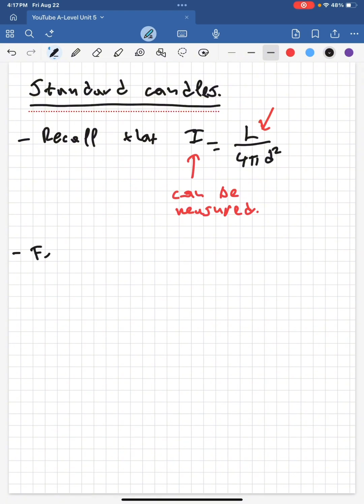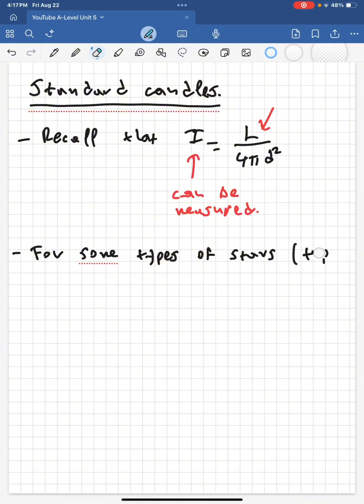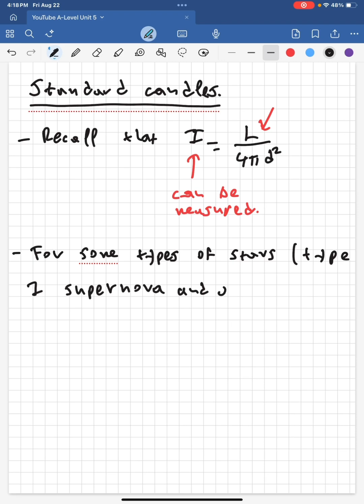Okay, so for some types of stars, such as the type 1 supernova that we discussed in the previous video, and others, L, or the luminosity, is always the same anywhere they are in the universe.